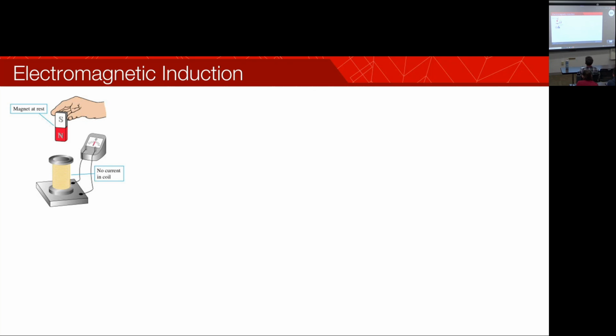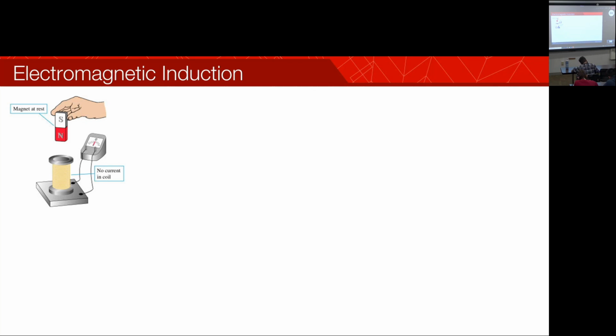So there's three different ways we can create a changing magnetic flux. We can change the magnetic field. We can change the area. Or we can change the angle at which the magnetic field hits the area.